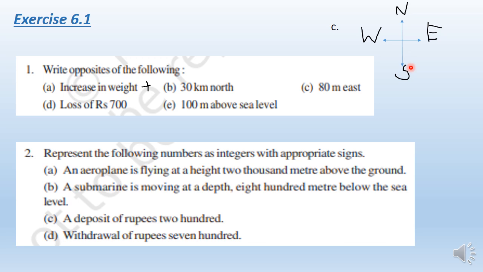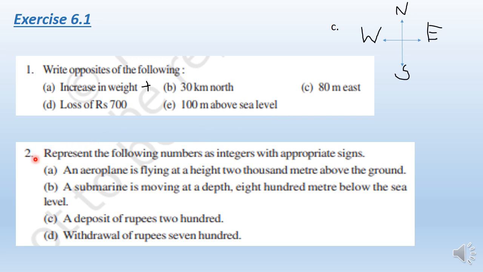So 30 kilometer to south. Now see, 80 kilometer east. So what is the opposite of that? 80 kilometer to west. Loss of rupees 700. So profit of rupees 700. 100 meter above sea level. So 100 meter below sea level is the opposite of that.